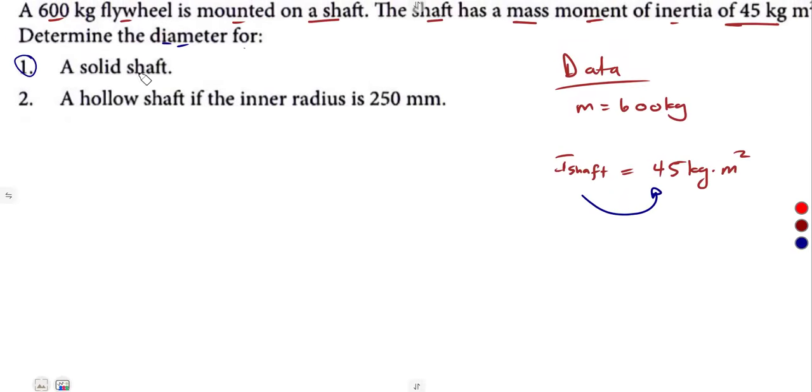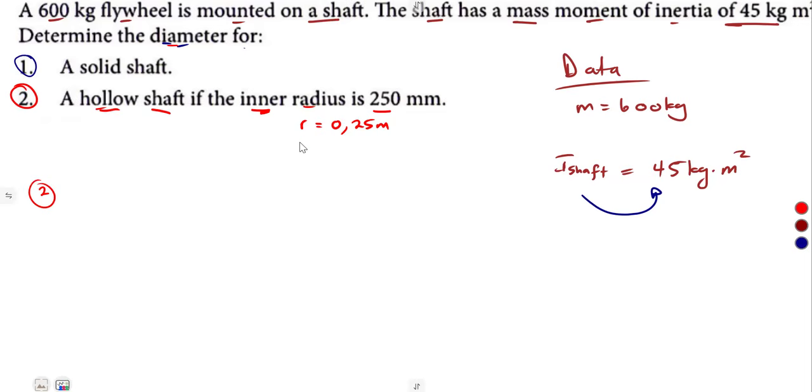Then now we need the diameter for a hollow shaft. If the inner radius is 250 millimeters, that's our small radius, 0.25 meters. So which diameter are we going to calculate now if we are given the smaller radius?